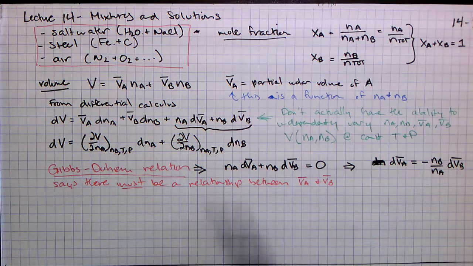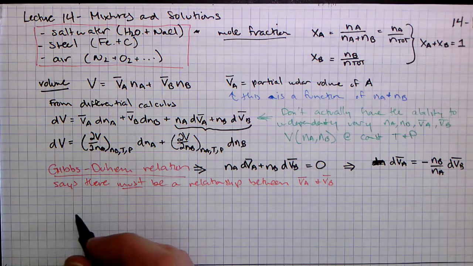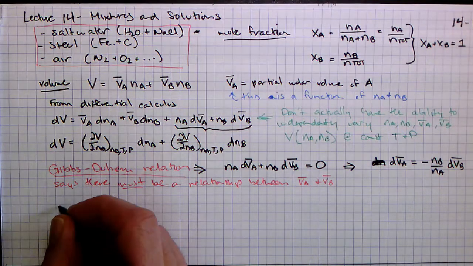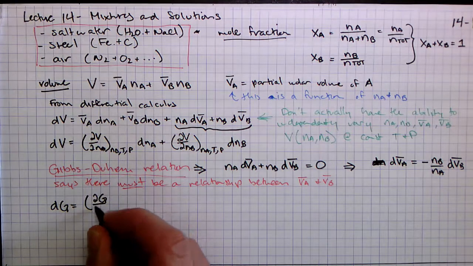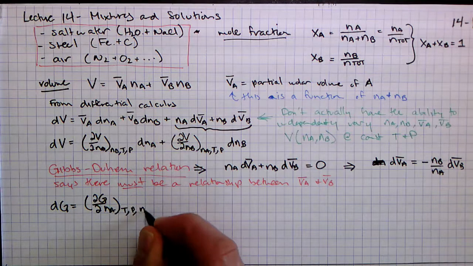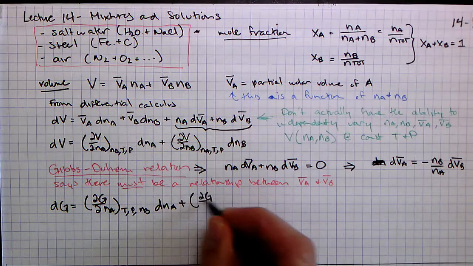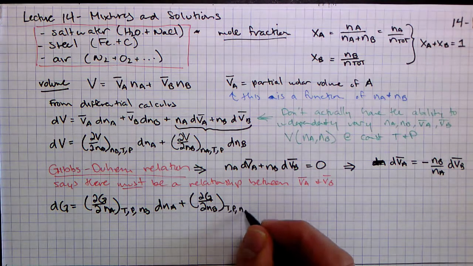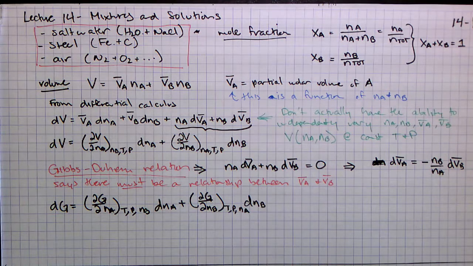Now, we can make a similar Gibbs-Duhem analysis of the Gibbs free energy, because we know for the Gibbs free energy, dG is equal to partial G with respect to NA at constant temperature, pressure, and NB times dNA plus partial G with respect to NB at constant T, P and NA times dNB.